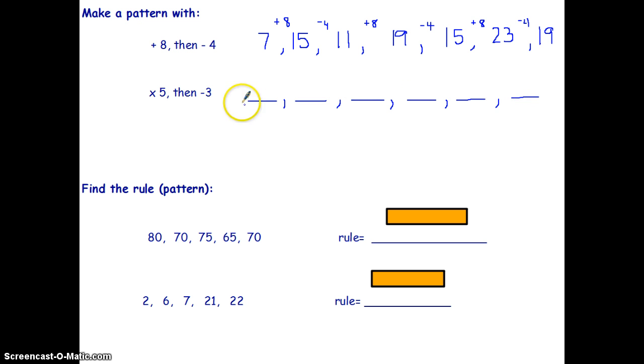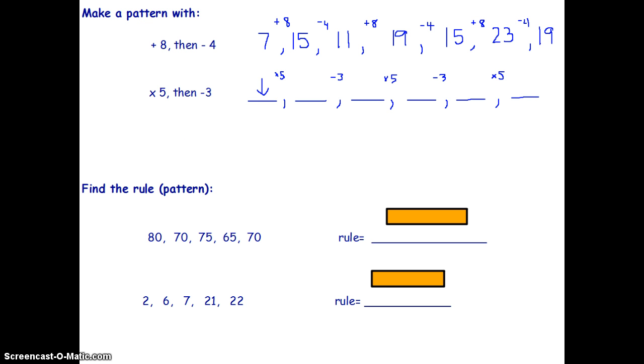That means that you'll have 6 numbers total, because this is the one that you started off with here, and then you're going to add 5 more based on the pattern. So in your pattern should be times 5 minus 3, times 5 minus 3, and then times 5. Okay? So that's going to be part of your assignment at the conclusion of this video.